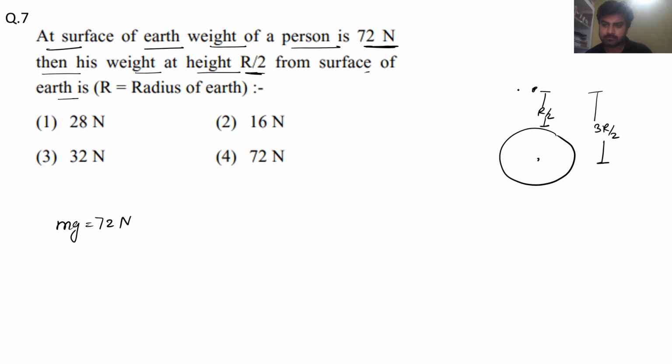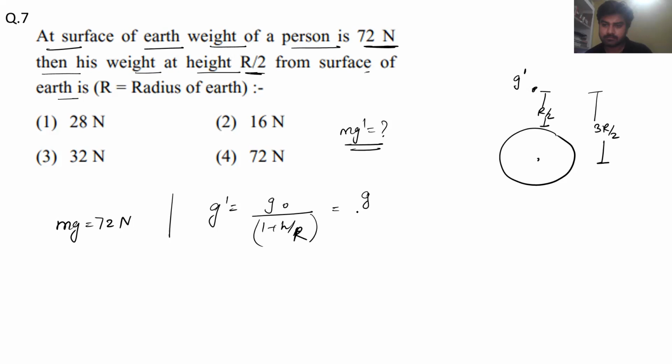Now at this R by 2, the gravity will decrease, of course. Let's say the new gravity is g dash. Let's find g dash, because we have to find mg dash, the weight at R by 2. So g dash will be equal to g naught upon (1 plus h by R) whole square. R means the radius of the Earth here.